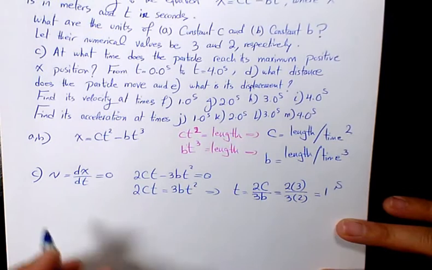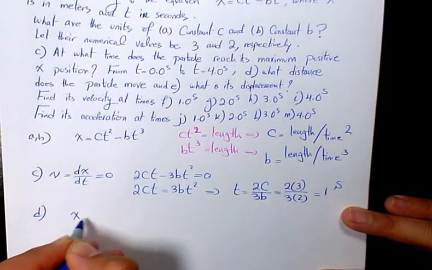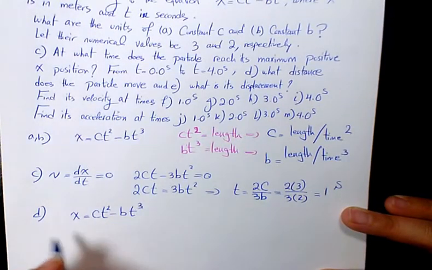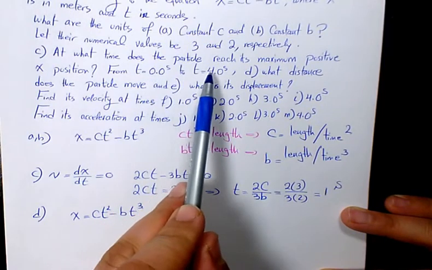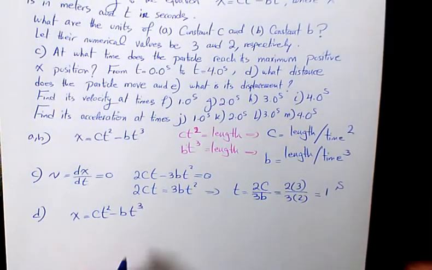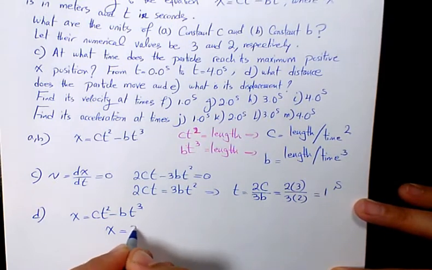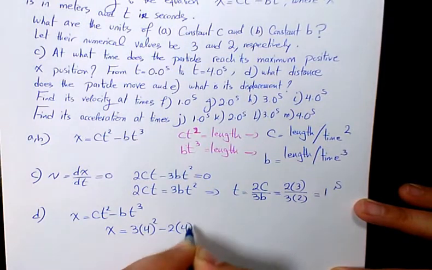In part D, it says what distance does the particle move? So it's going to be x equals ct squared minus bt cubed from t equals 0 to t equals 4. So basically x equals 3 times 4 squared minus 2 times 4 cubed.